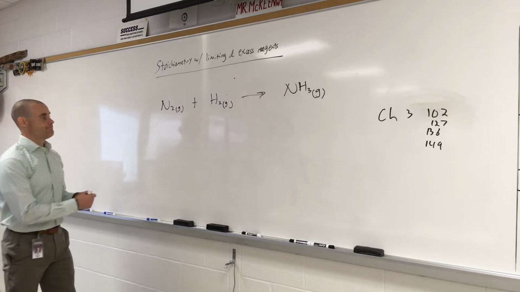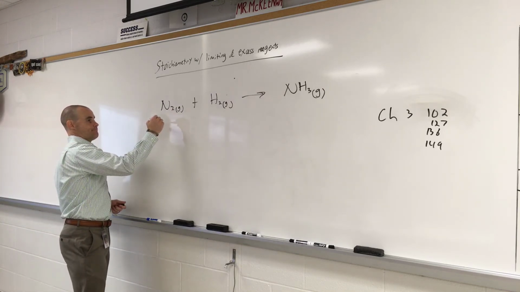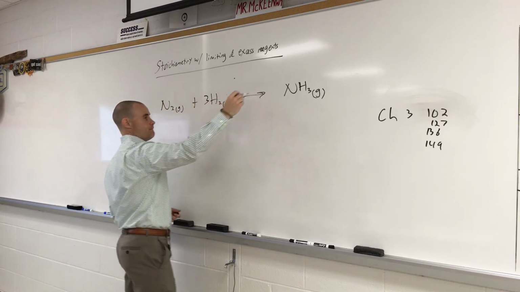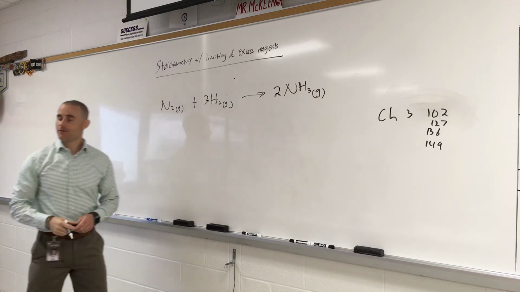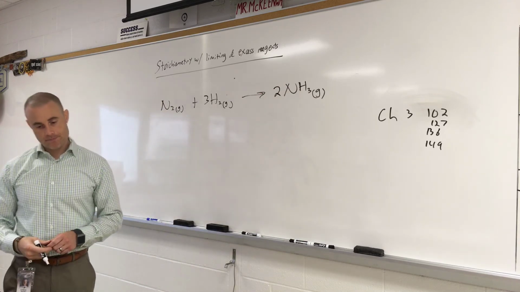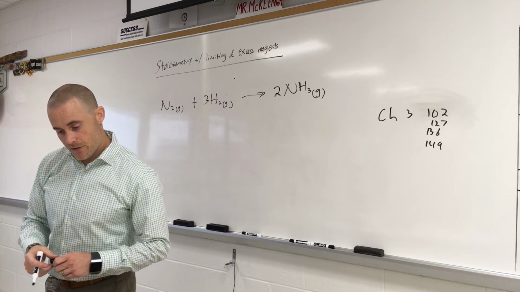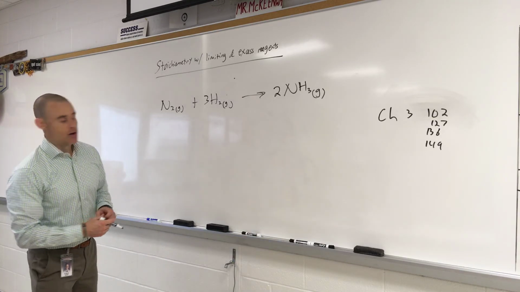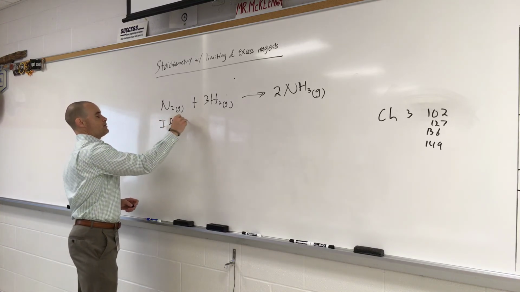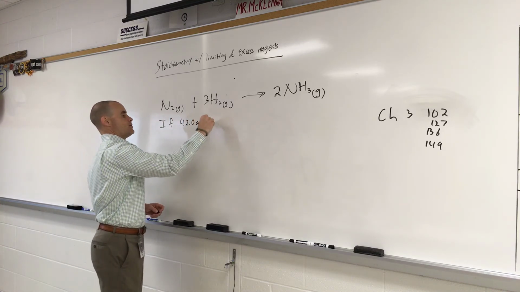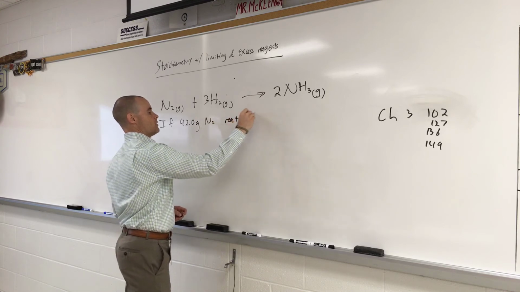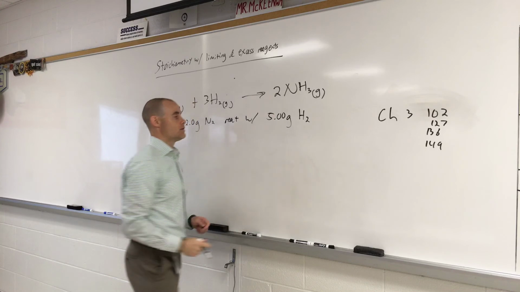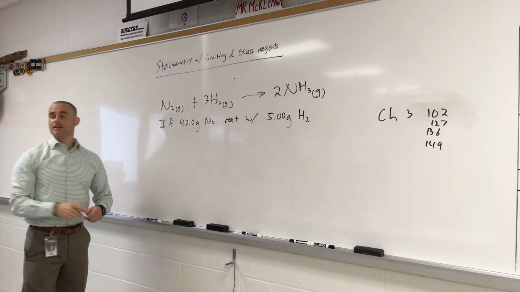Count. Need 3 H2. 3 here. Yeah. Okay. 2. Here's the question. If 42.0 grams of N2 react with 5.00 grams of H2, find the following.